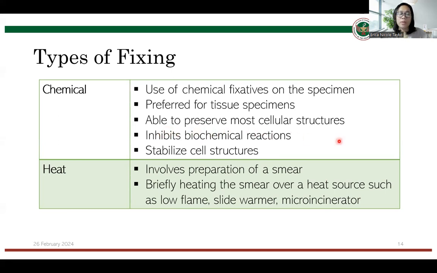Some examples of chemicals that we can use for chemical fixing include alcohols like ethanol and methanol, and even aldehydes like formaldehyde, butyraldehyde, etc. Some advantages of chemical fixing are that you're able to preserve most cell structures, it inhibits chemical reactions, and it also stabilizes cell structures.